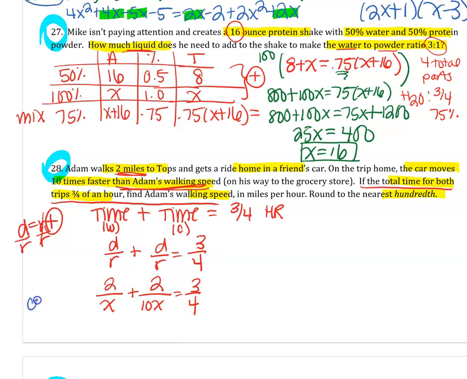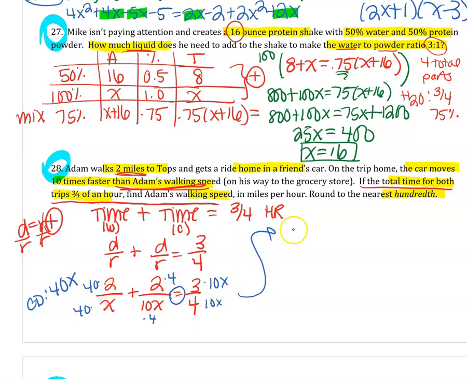Get a common denominator. So we could use, let's say, 40x. Okay, first fraction would need a 40. Second fraction would need a 4. And last fraction would need a 10x. When the problem equates, you can drop the base and solve the numerator.